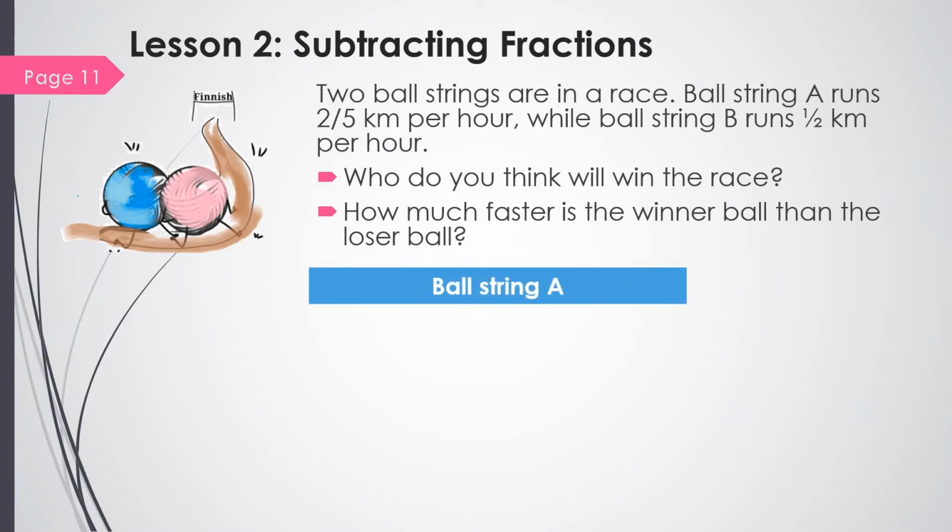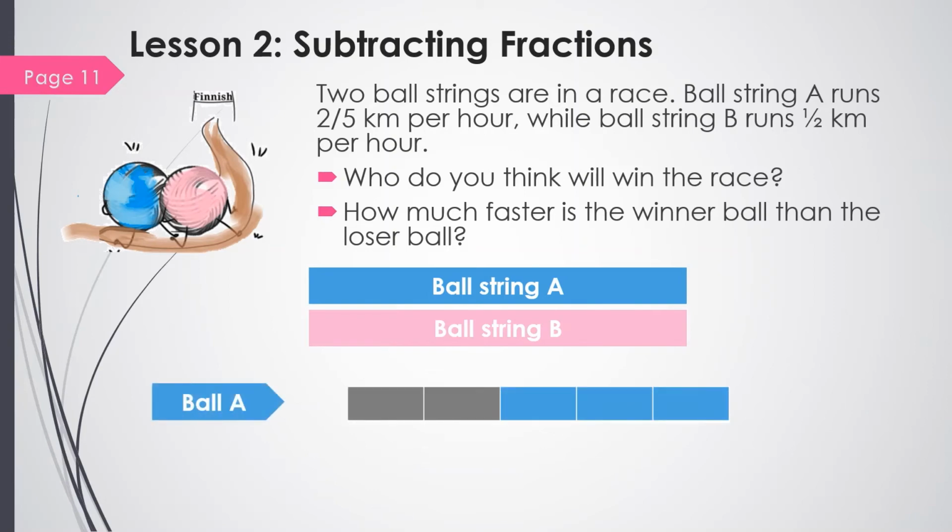Now, let's have ball string A with the color blue and then ball string B with pink. Okay? Para mas makita natin ng malinaw. Okay, itong si ball A, ito yung natatakbo niya. So, you have here 2/5. 2/5 kasi mayroong 5 equal parts, tapos mayroong dalawang shaded parts, yung gray part.